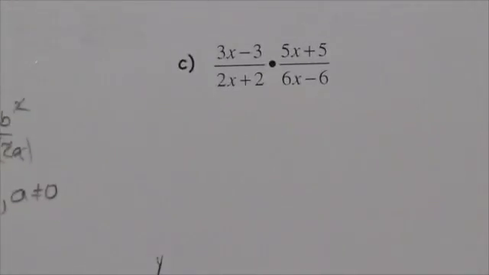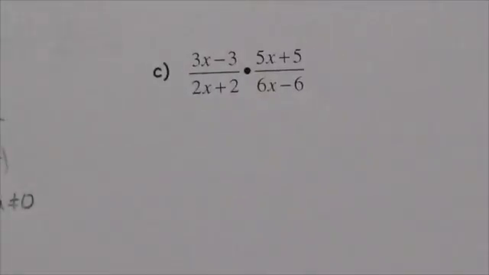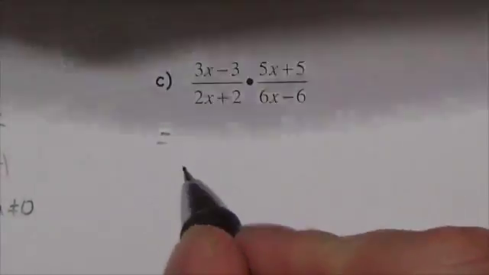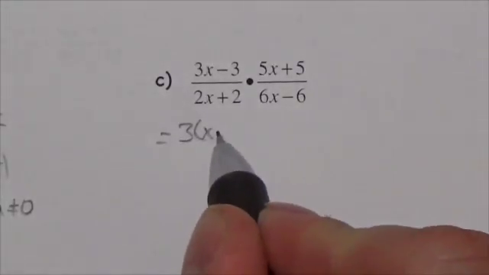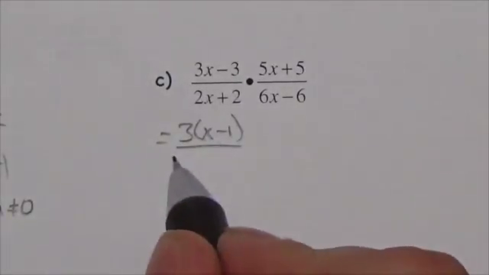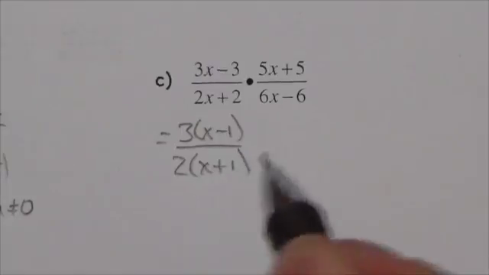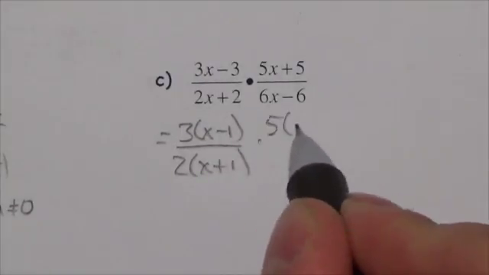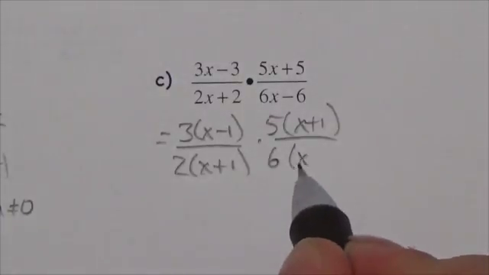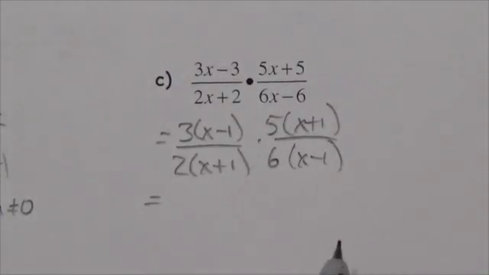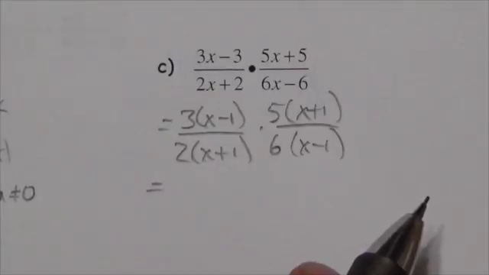Let's come over here. Okay, now we've got something where we have to do a little bit of factoring. That's good. So here in the numerator, I'll take out the common 3. In the denominator, I've got that common 2. Up here in the numerator, the common 5. And in the denominator here, the common 6. All right, now we're going to find the ones.